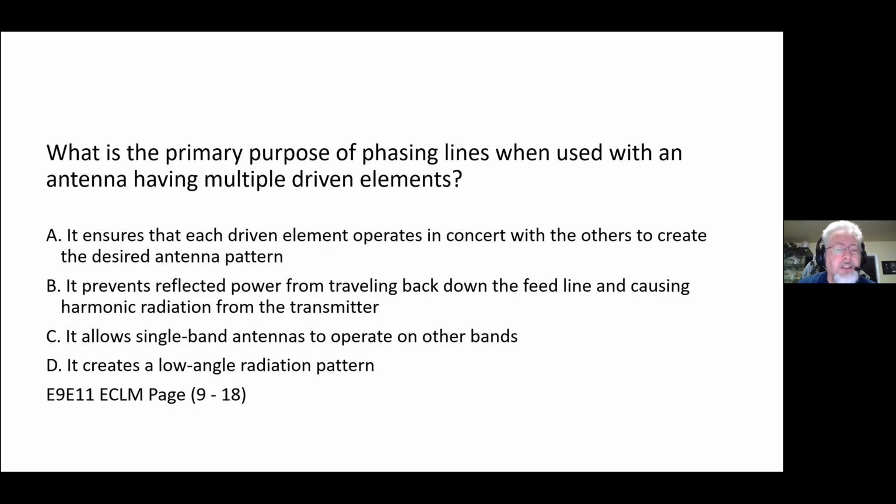B, it prevents reflected power from traveling back down the feed line and causing harmonic radiation from the transmitter. C, it allows single band antennas to operate on other bands. Or D, it creates a low angle radiation pattern. Alpha is correct.